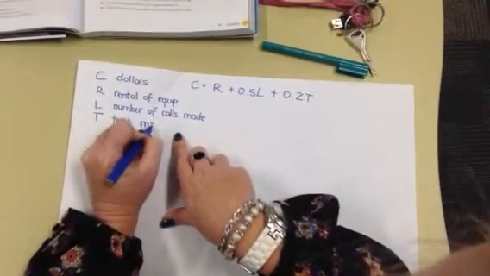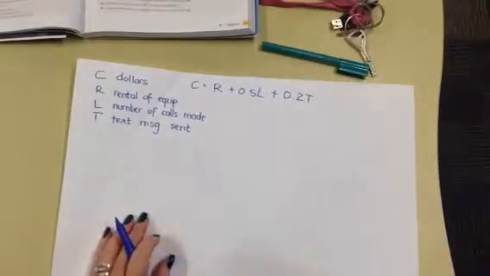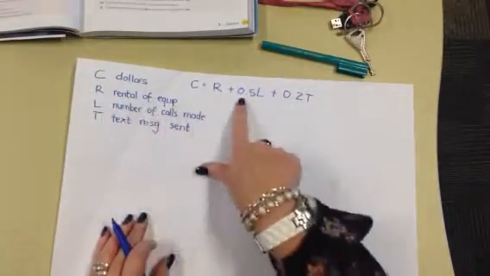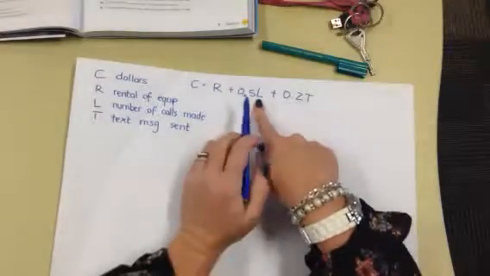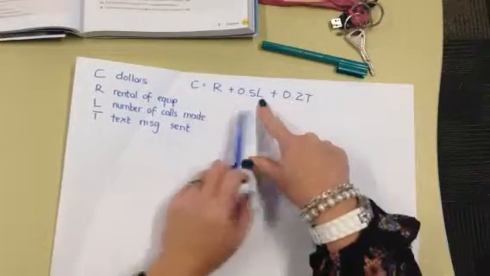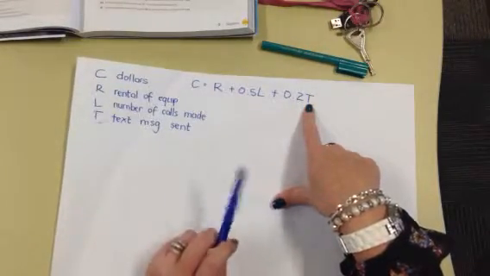So we've got C dollars, R rental, 0.5 L. So we know we've got to multiply 0.5 times the number of calls made, plus 0.2 times T, the text messages sent.